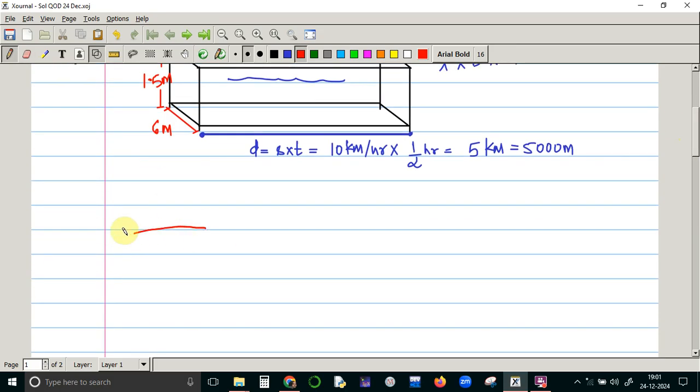Suppose we have a round circular solid plane surface. This is a plane surface, and if I pour water on it, what's the volume of water collected on the surface of this plane surface? There is no water collected on this, because there is no height to stop the water.